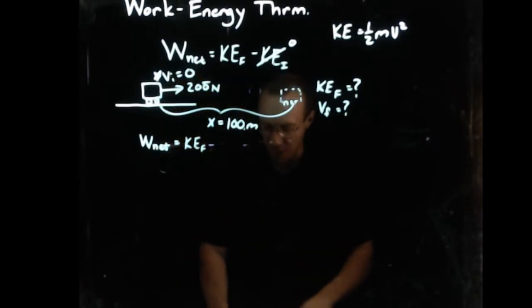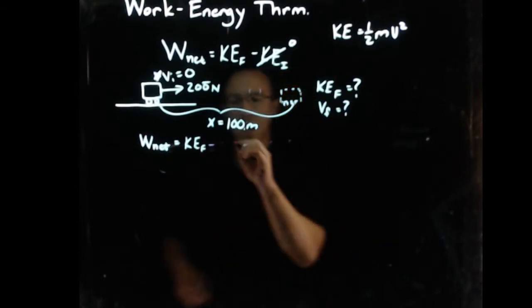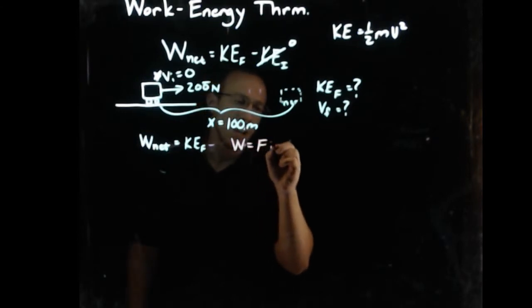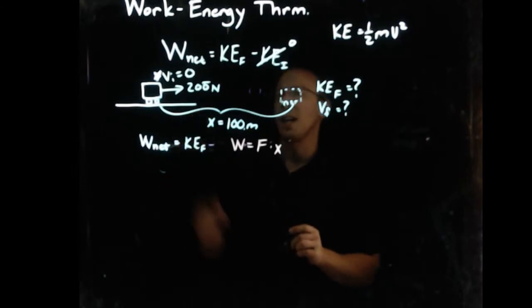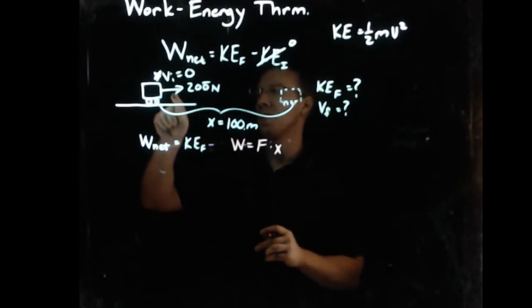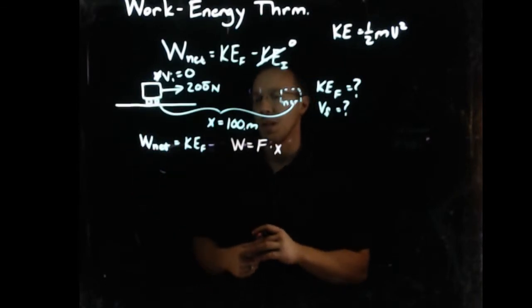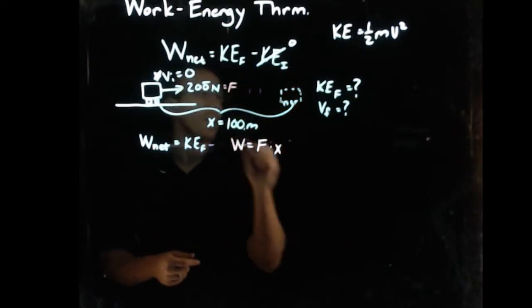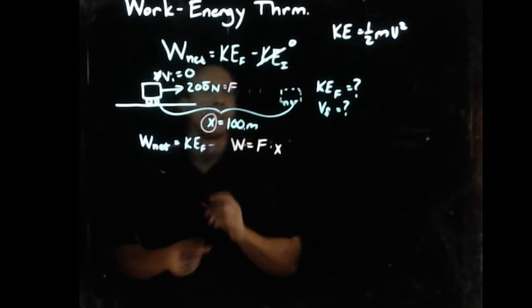Now, the one thing that we do know from class is that work is also equal to the force times the displacement. You'll notice in my equation here that I don't have any angles, because our force of 200 newtons is directly in line with the motion, which is the x direction.